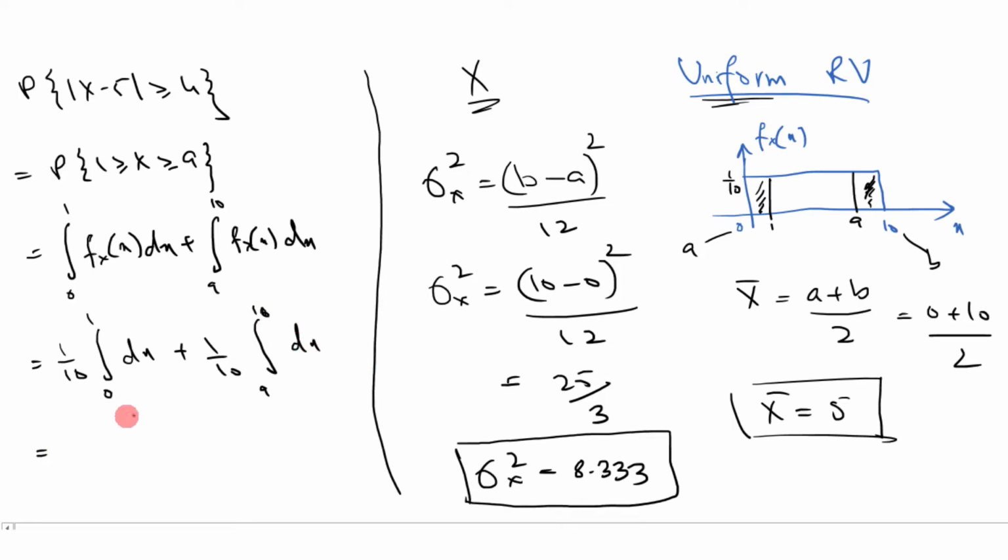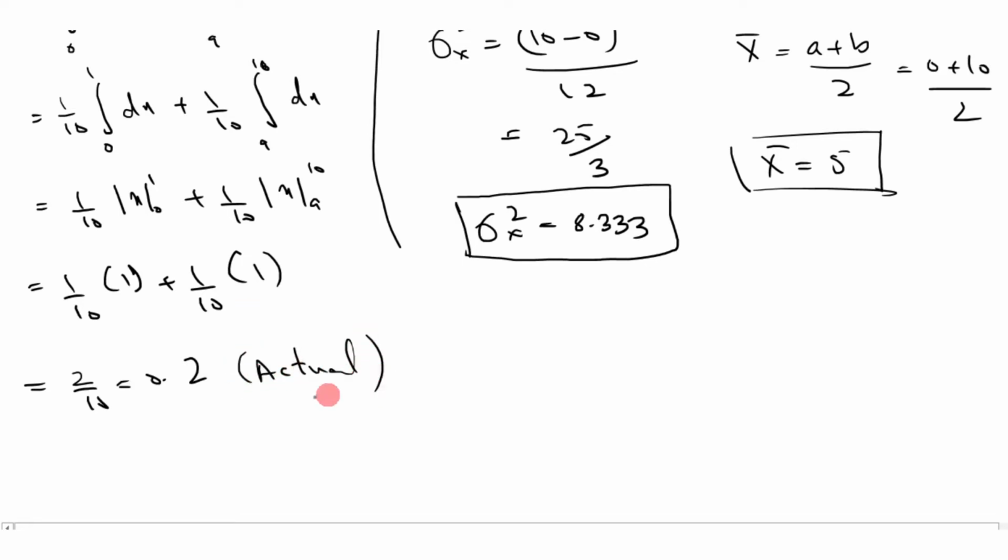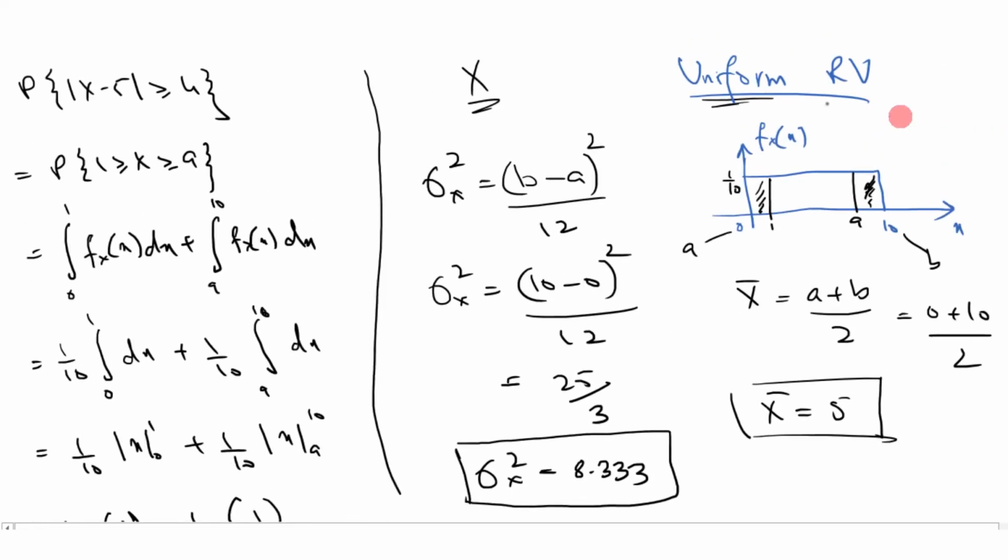So it will be equal to 1 by 10 times x from 0 to 1 plus 1 by 10 times x from 9 to 10, and it is 1 by 10 into 1 plus 1 by 10 into 1, which is equal to 2 by 10 or 0.2. So this is the actual probability that you have determined using this density function for this range.